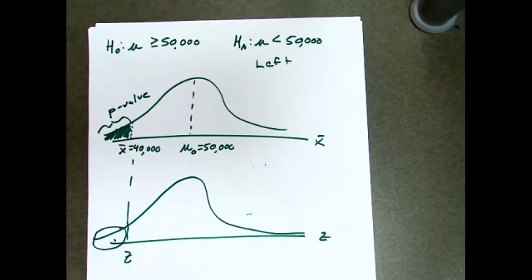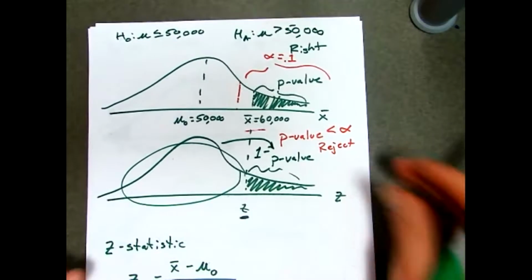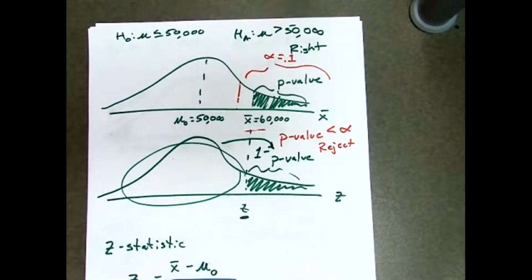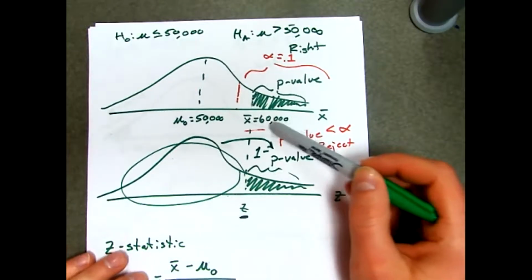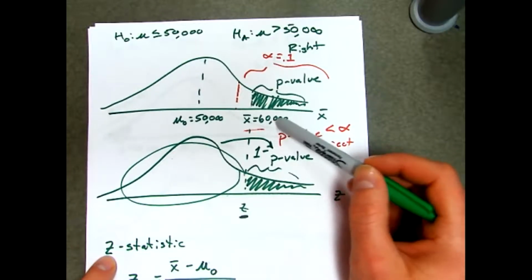I'll point one more thing out here. Assuming that I find sample evidence that goes against that null, so I don't find anything that supports it, I'm only doing the hypothesis test if I see sample evidence that goes against the null. What's always going to be true about the z statistics for a right-tailed test?